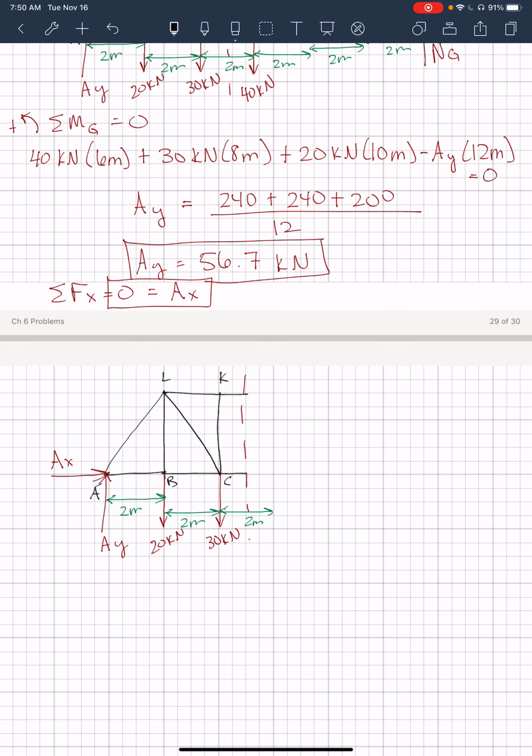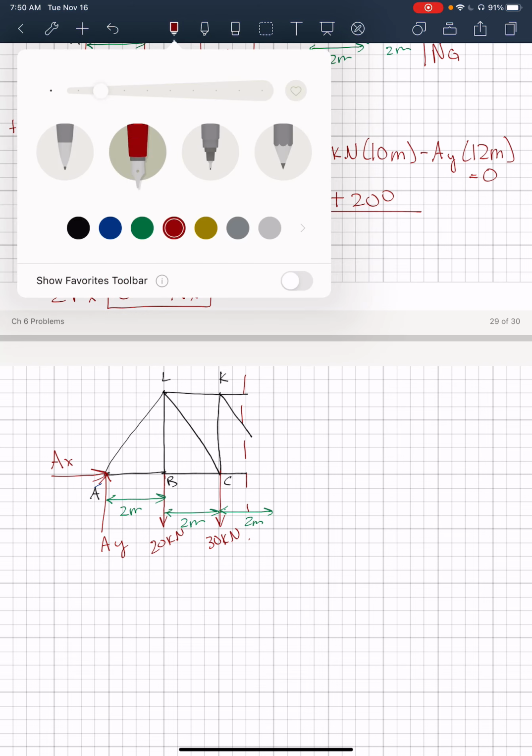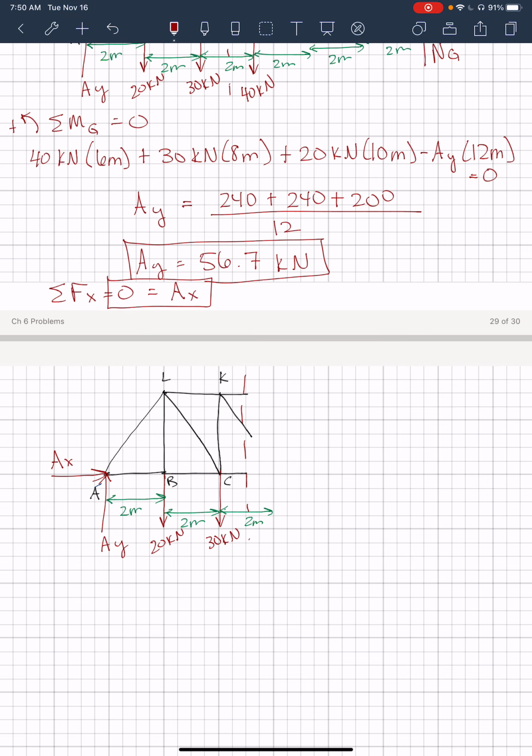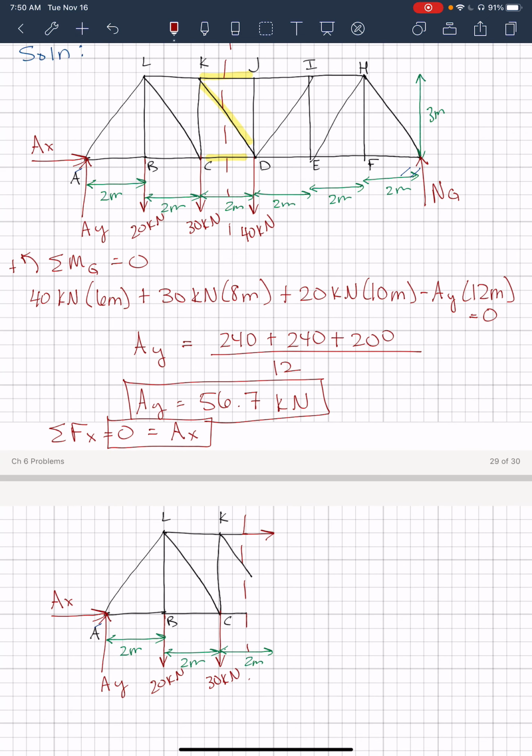Since we're at the cuts, we need to replace them with forces. So that force will be KJ. This force will be DK. And then this one will be CD. I'm just putting them all in tension.